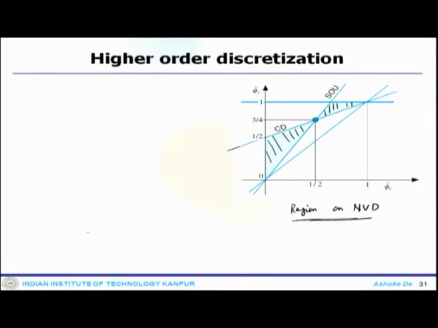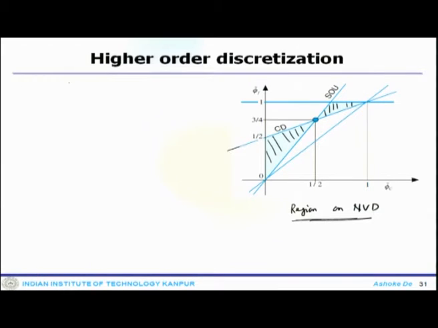Now, adopting this approach and the procedure which we followed for the second order upwind scheme, the functional relationship of the limiters for any higher order scheme can be formulated.